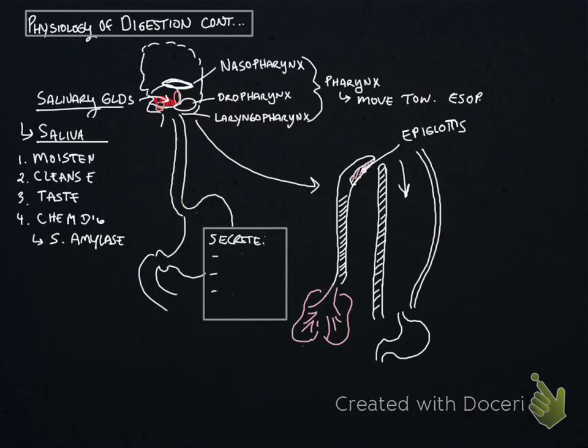When we swallow, it closes sort of like a toilet seat over the trachea and keeps food from moving down into the trachea, into the lungs. If we were to do this, it would cause what's known as an aspiration, and particles of food and whatever could get trapped in the lungs and cause pneumonia or some sort of infection.